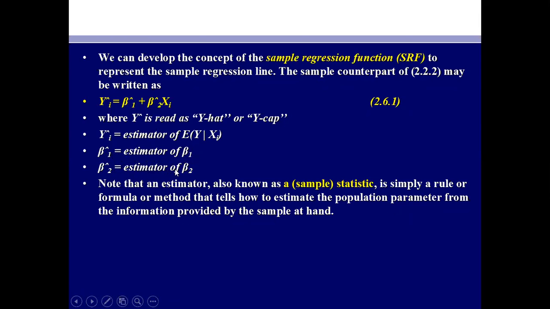What is beta 2 hat? It is an estimator of beta 2. Remember, whenever we use the word estimator, actually we are talking about a sample function that is used to estimate the corresponding parameter. So the parameter is beta 1, and the estimator of beta 1 is beta 1 hat.